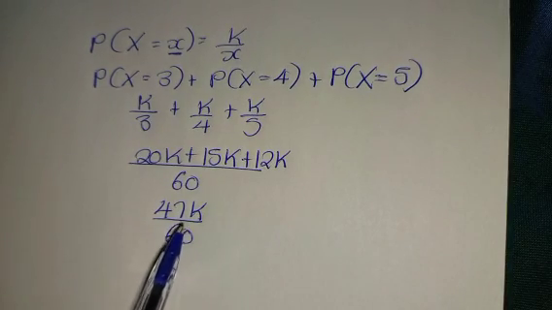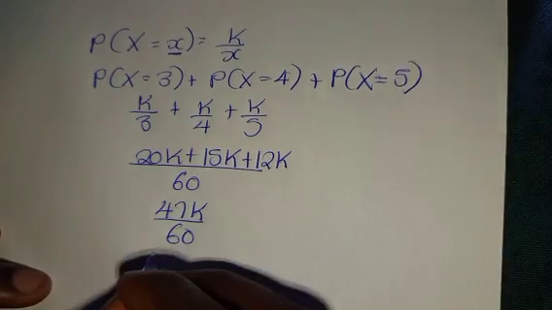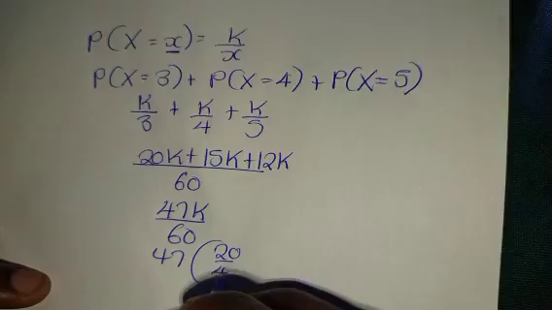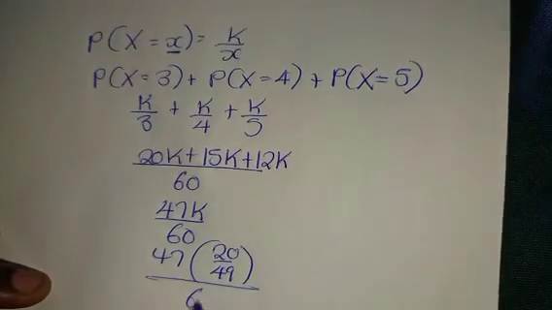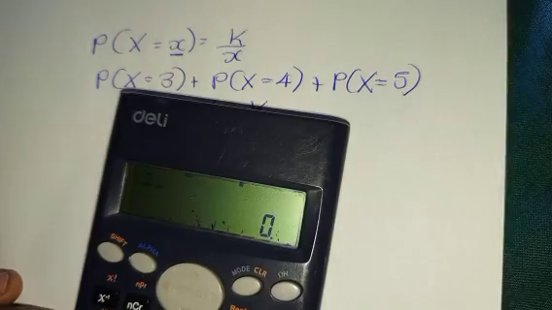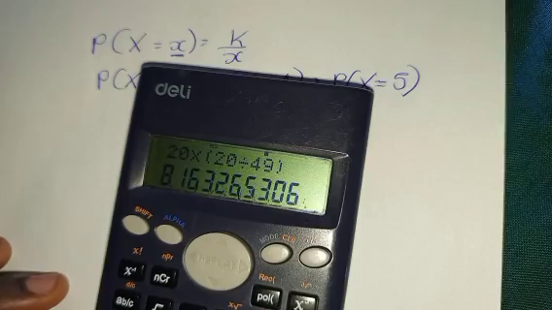But remember, the value of k is already known. The value of k is already known to be 20 over 49 from the previous calculation that you made. So 47 times 20 over 49 over 60. So you can just punch this directly on your calculator. So 20 multiplied by, open bracket, 20 over 49 close. This will be your answer.